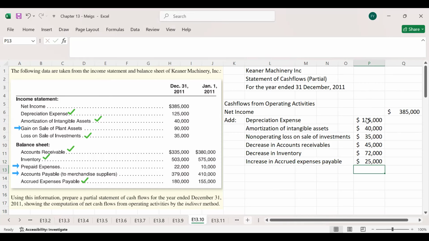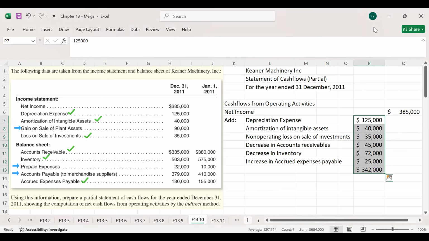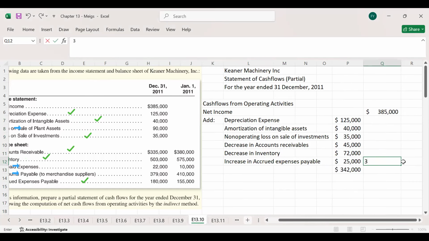So the total increase would be, here you can see, we have total increase, which we represent in the outer column, which is 342,000.